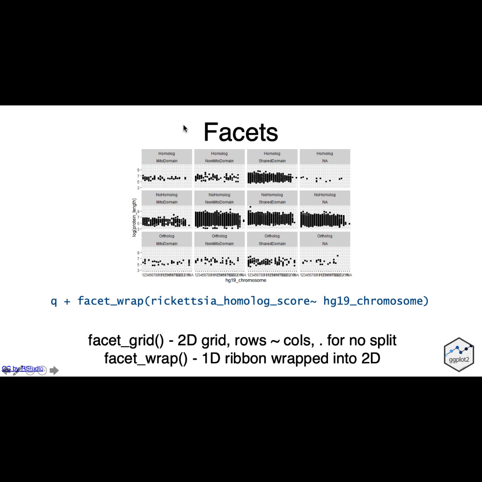But our columns are mitodomain, non-mitodomain, shared domain, and NA, right? So this is giving us little subsets of data. So that very top left-hand corner is all the things that have rickettsia homologs and a mitodomain. And all the things in the bottom right are rickettsia orthologs that don't have a mitodomain score. Does this make sense?